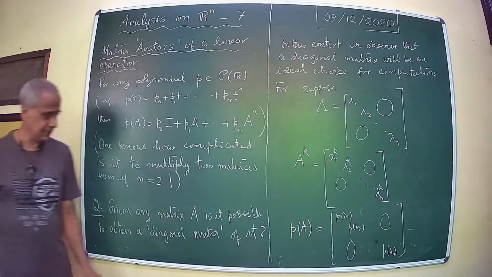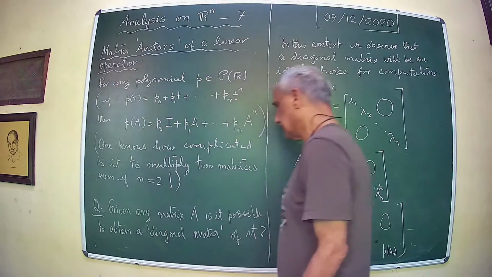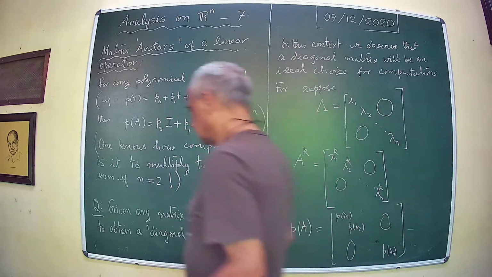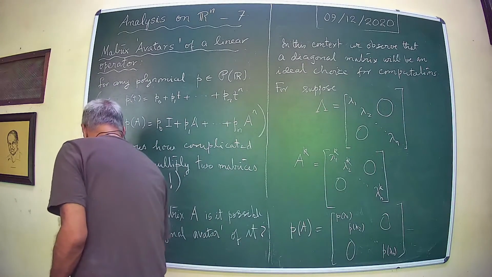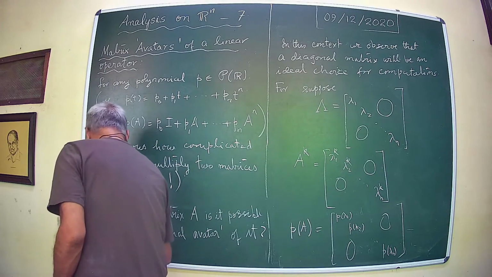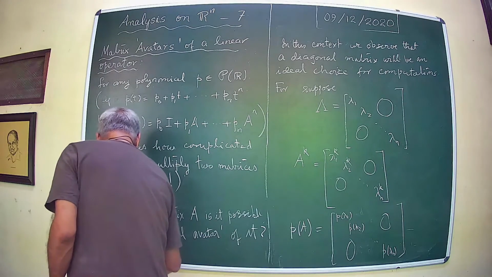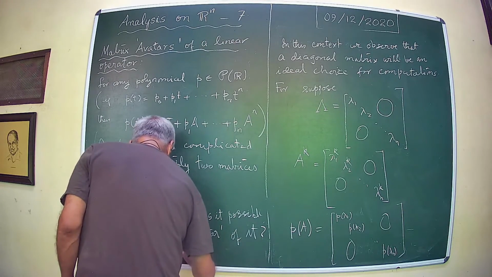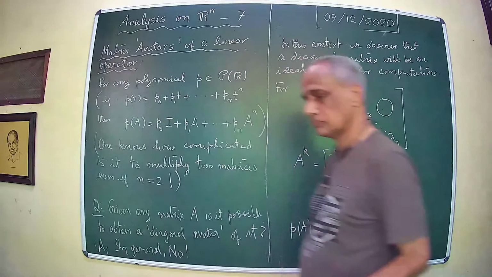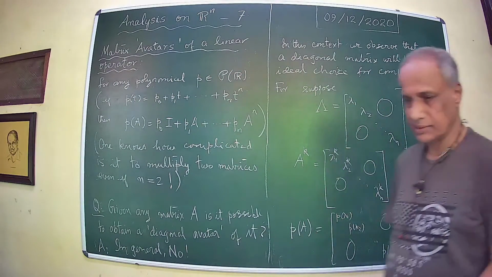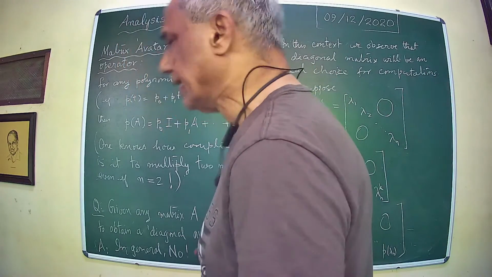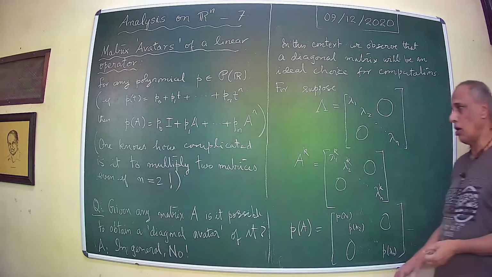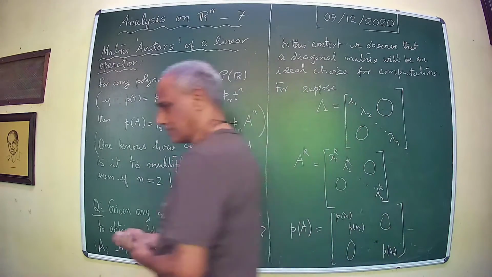And the answer to this is, in general, not always. In fact, you see that all symmetric matrices are diagonalizable. Even all normal matrices are diagonalizable.